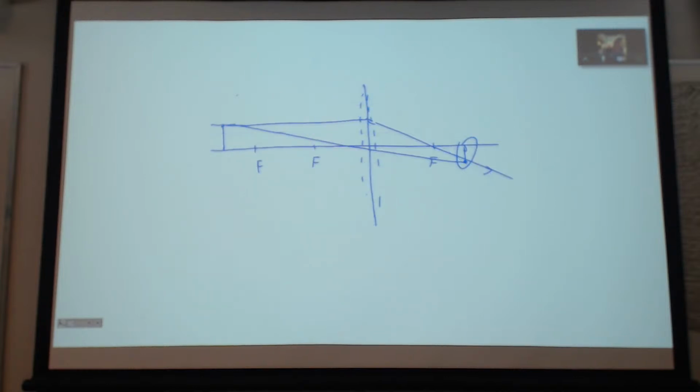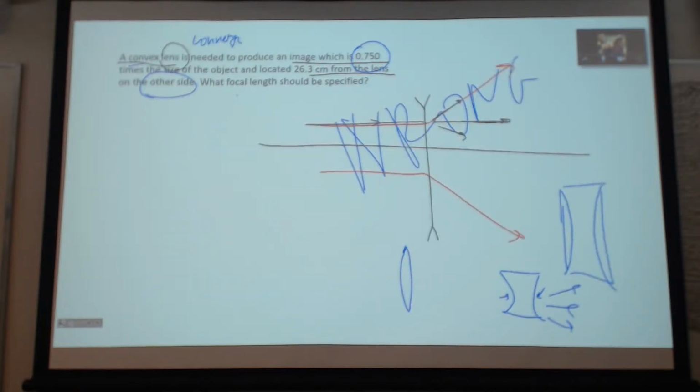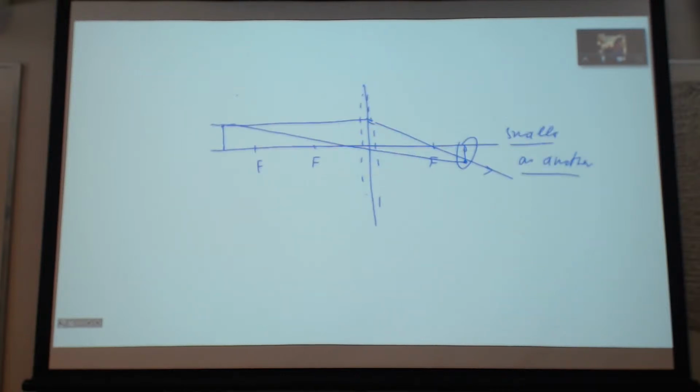These are not the cases in the problem. This is smaller, this is on the other side. So that completely fits the description. Convex lens, image is small, on the other side. So this is our diagram.